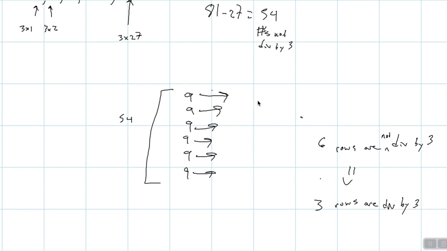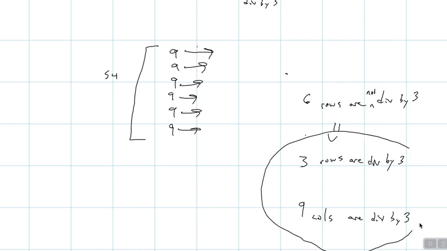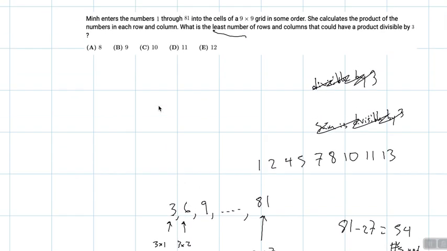And then if I was only focusing on rows, it's going to be true that 9 columns are divisible by 3. And this is looking at both rows and columns, so I would say maybe 12 is the least rows and columns, but I just focused on rows.